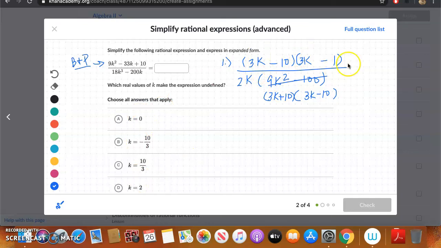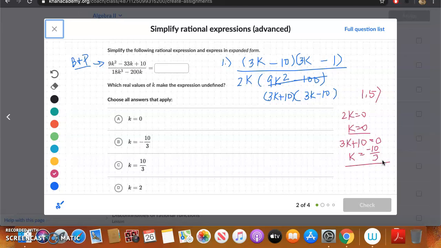Now before I do that, let's identify again our restricted values for k. So step 1.5. Definitely, so the 2k equals 0, so therefore k is 0. That's our first one, correct? And then the second was 3k plus 10 is equal to 0. So this one's going to be k is equal to negative 10 thirds.